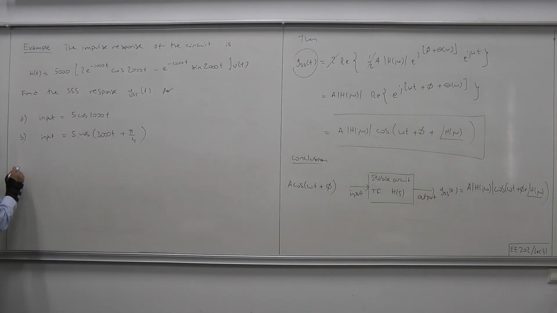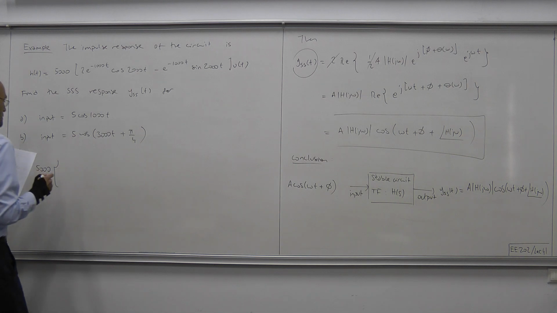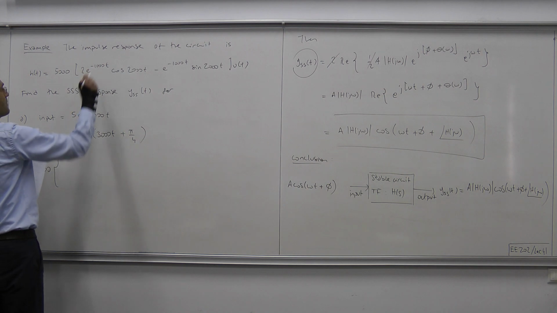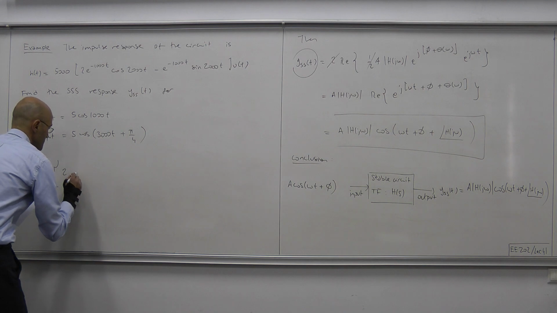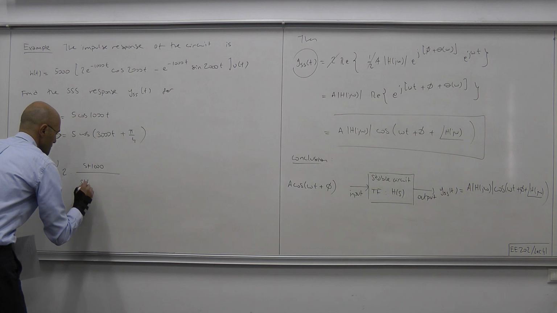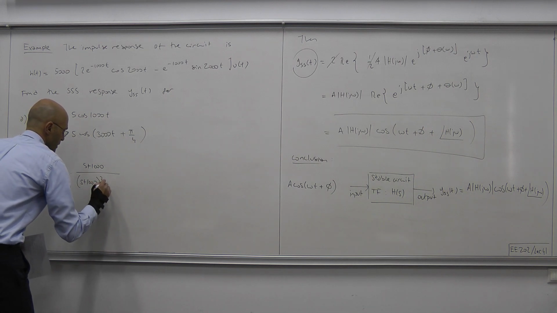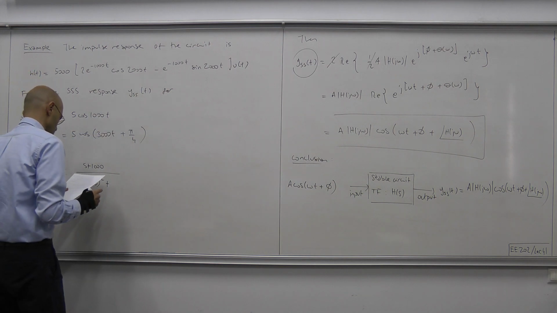Okay, so H(s) equals 5,000 times the Laplace transform of this term. That's decaying oscillations. So what we have is 2 times (s plus 1000) over (s plus 1000) squared plus ω squared, and ω is 2000, so 2000 squared.